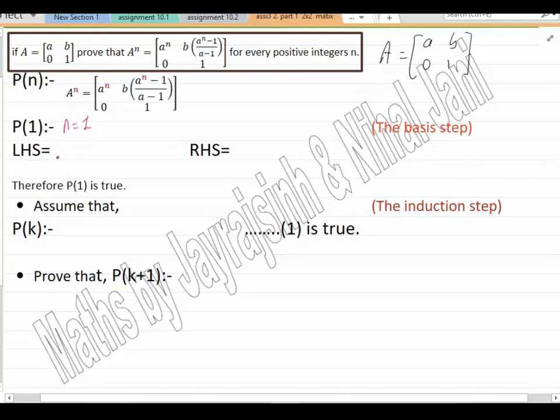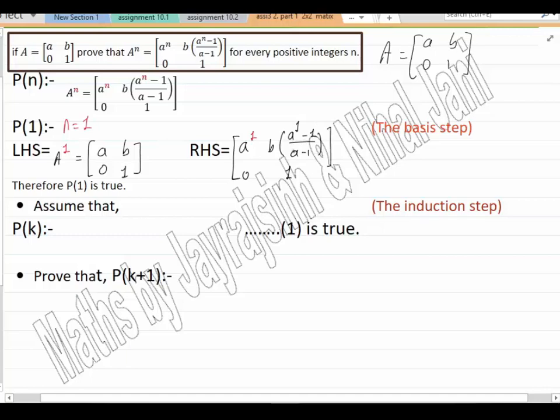So in the left hand side we are going to get A raised to 1, and we already know matrix A is nothing but a, b, 0, 1, right? Okay, now it's time to put n equal to 1 in the right hand side. In the right hand side we have one big matrix: a raised to 1, b into a raised to 1 minus 1 upon a minus 1, and in the second row we'll have 0 and 1.